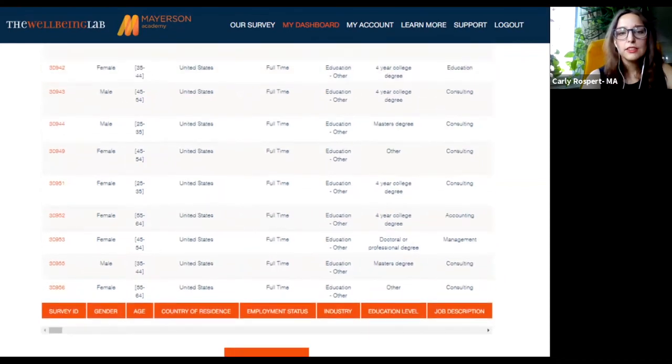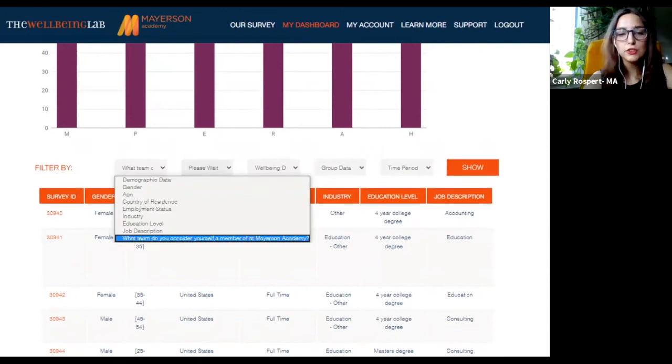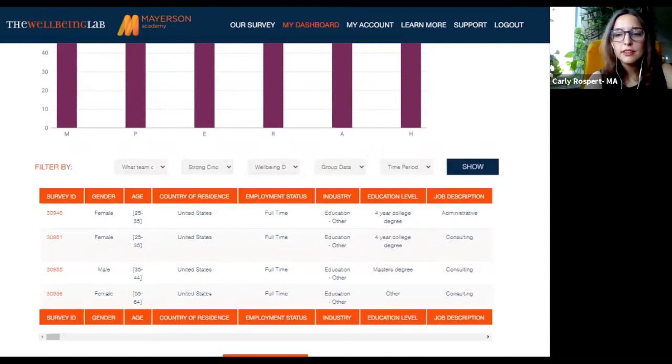What this also lets us do is filter these responses by some of those questions that we talked about earlier. For example, we can filter this by demographic questions. So if we choose, what team do you consider yourself a member of at Mayerson Academy? And then we pick Strong Cincinnati. Then we can filter that category, and you can see it just pulls a few of those people.